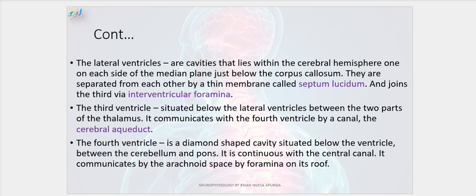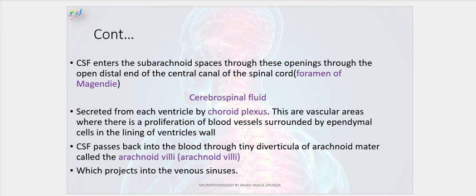One of the ways is by the direct communication between the fourth ventricle and the arachnoid space by using the foramina that's available at the roof of the fourth ventricle. While the CSF that enters the central canal of the spinal cord will eventually communicate with the subarachnoid spaces of the spinal cord by use of the foramen of Magendie.